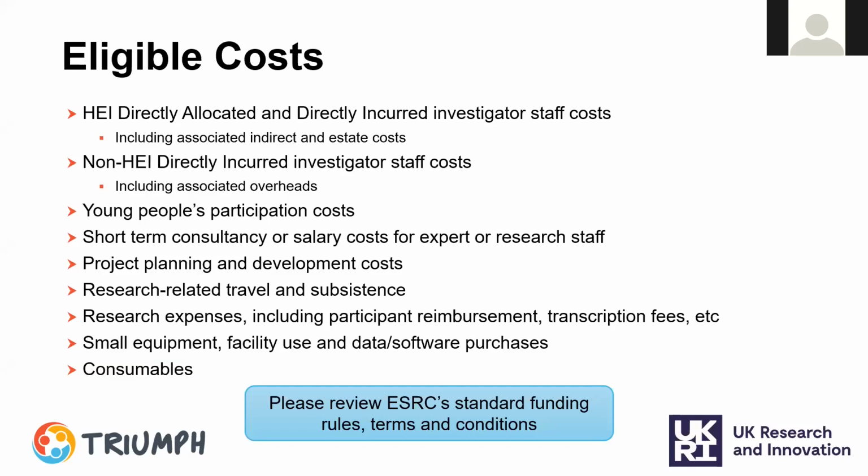So that's staff who are fully funded already, and this will be based on an estimate of their time on the project. And we can also cover directly incurred staff costs, so this is staff who will be directly employed by the project. And this, we can also cover the associated indirect and estates costs for the organisation. In terms of non-academic organisations, here again we can cover investigator staff costs and the overheads associated with that.